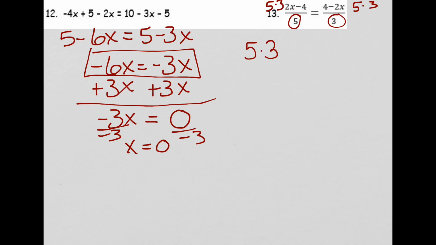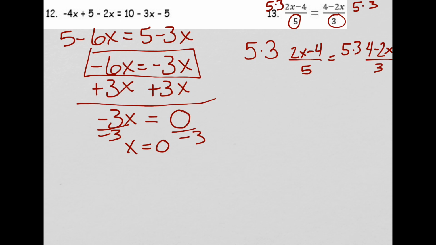So we have 5 times 3 multiplied by 2x minus 4 over 5. And on this side we have 5 times 3 multiplied by this fraction, 4 minus 2x, all divided by 3.